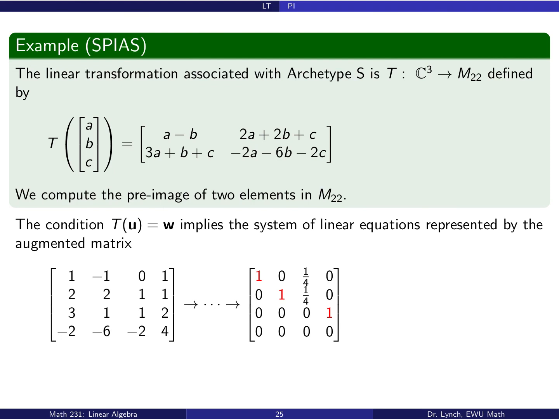This tells us that the preimage of this element W is the empty set. Again, when the linear system has no solution, there is no U in the domain C3 that maps to, or has image of, W in M22, so the preimage of W is the empty set.